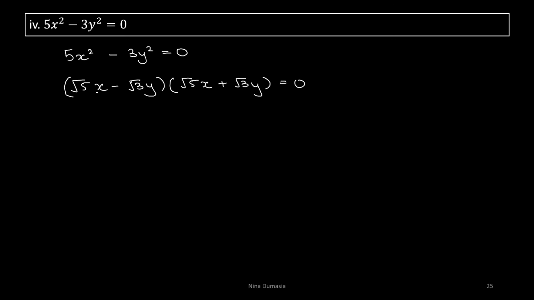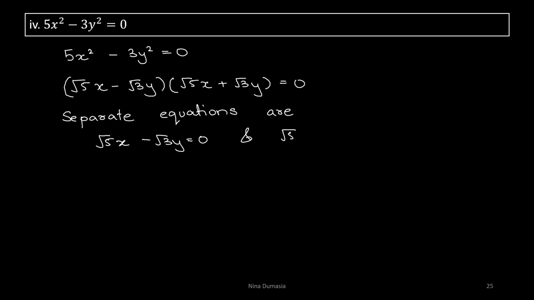And therefore, splitting like this, the separate equations are root 5x minus root 3y is equal to 0 and root 5x plus root 3y is equal to 0. Fine. These are the two separate equations. Okay. Now let us look at the next question.